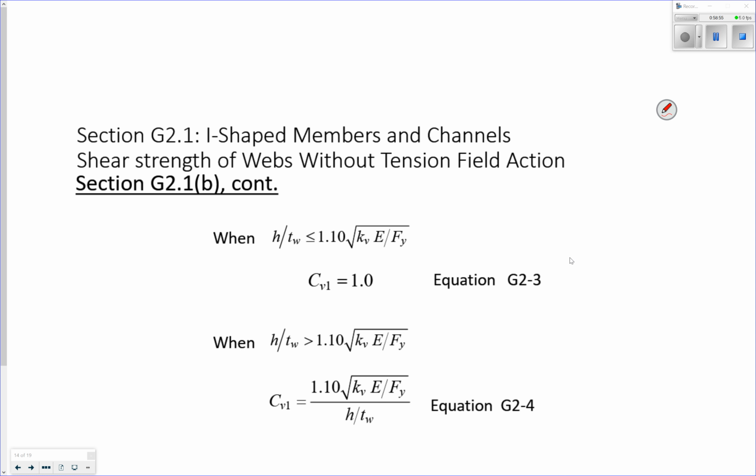If I get a CV of 1.0, no buckling. Oh yeah, that's the 14th edition. I need to get my 15th edition PDF. So what I just showed you was wrong. These are right. These are from the 15th edition.